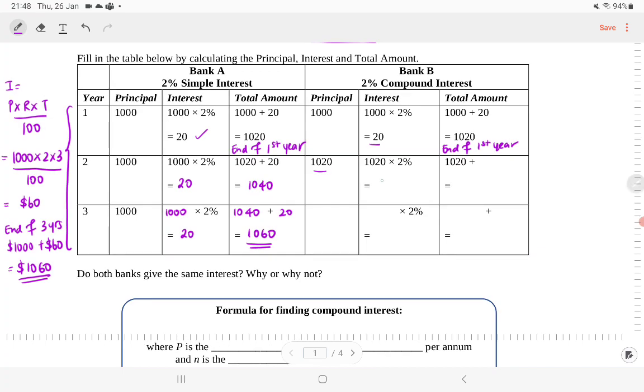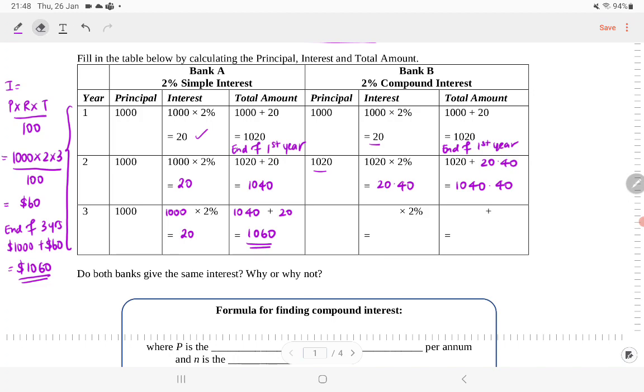Okay, so I get $20.40. Which means to say at the end of the second year, this person has $1,040.40.